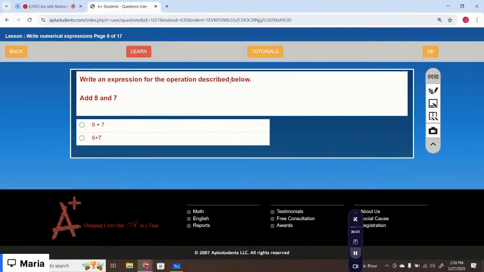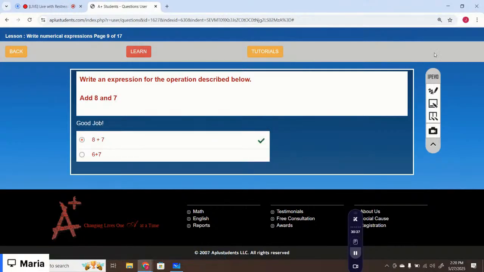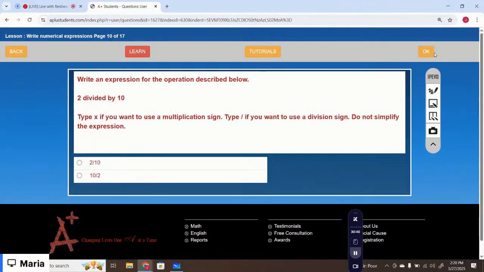That is 8 plus 7. Option number 1 is the correct option. Write an expression for the operation described below: 2 divided by 10.